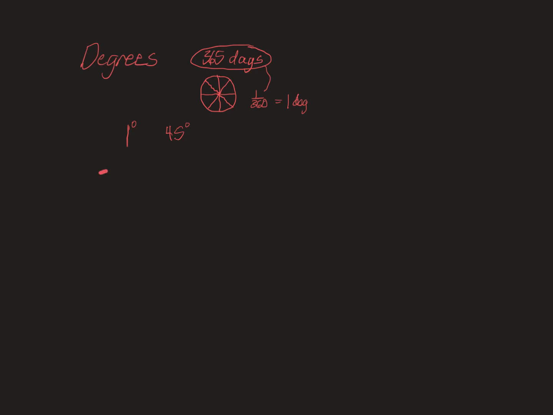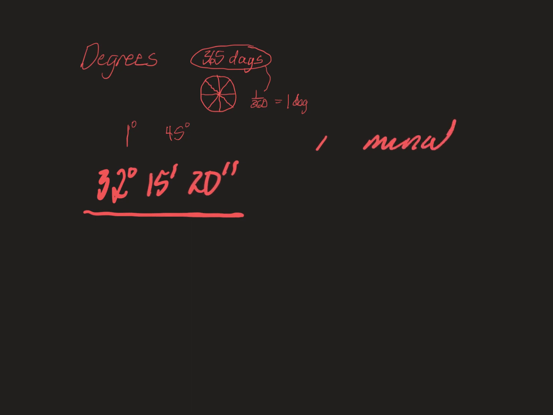You can say 32 degrees, 15 minutes, and 20 seconds. And so you get this sort of notation. The 1 apostrophe means minute, and then 2 apostrophes means seconds. And so we can write degrees in this format.